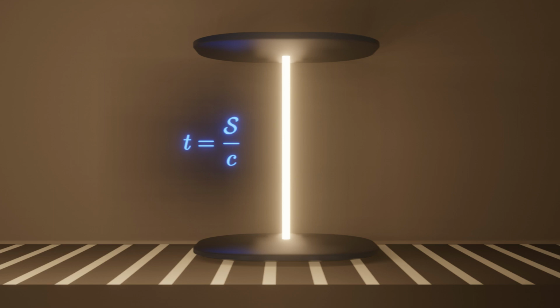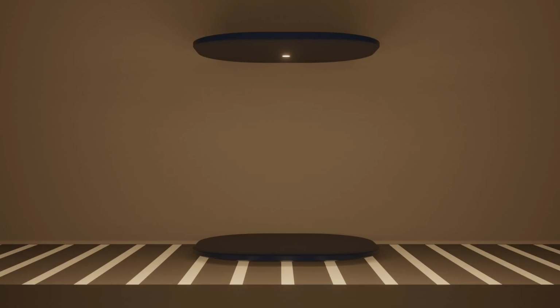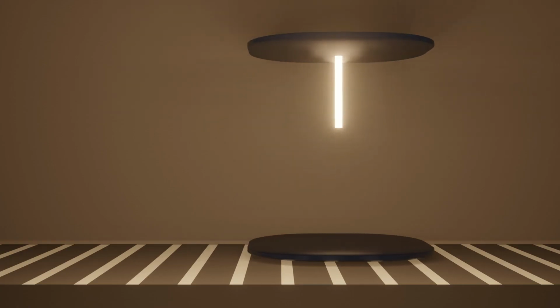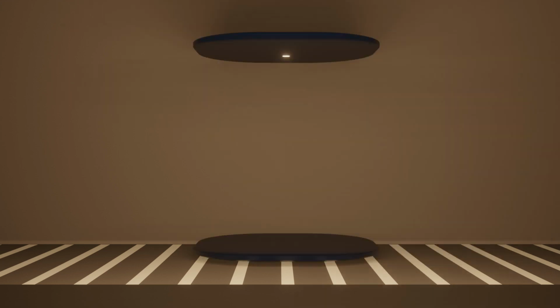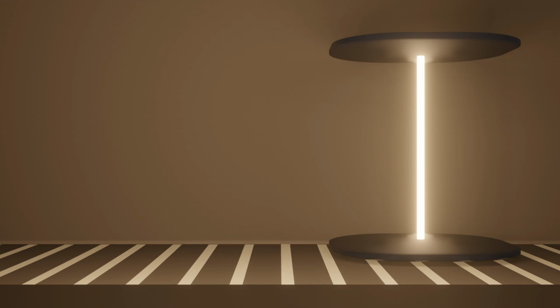However, if we do not move with the platform, then we have this case. The light starts from the top when the platform is in this position, and it comes to the bottom when the platform is in this position.